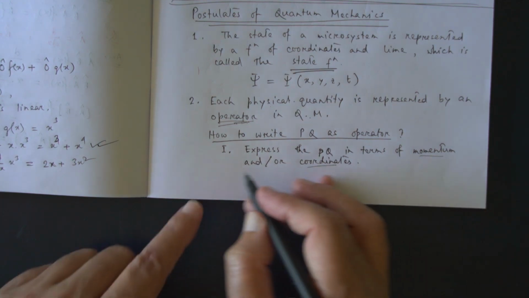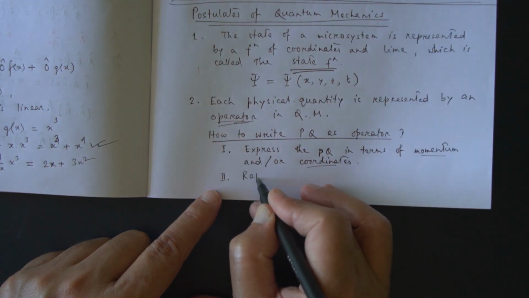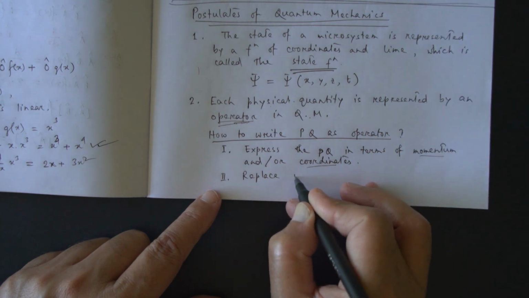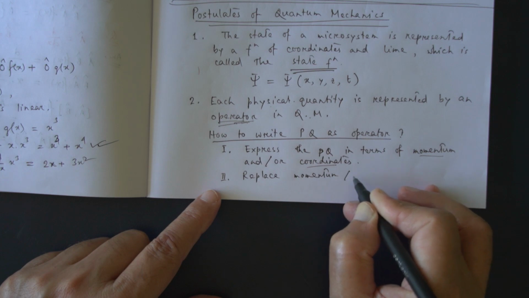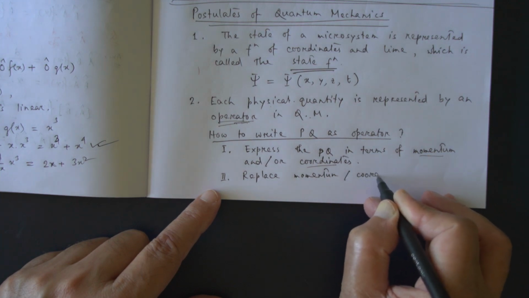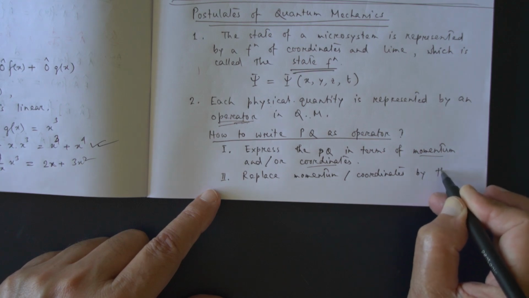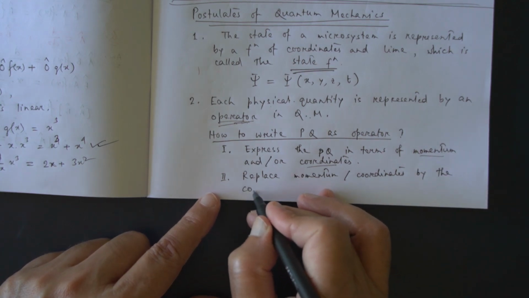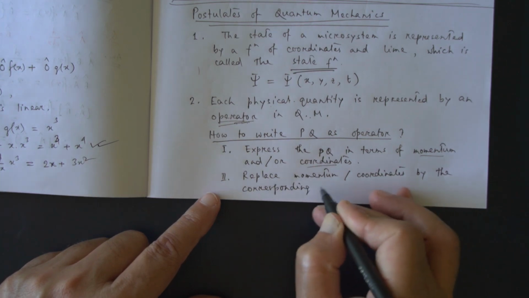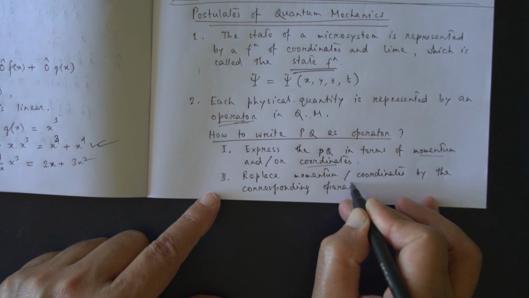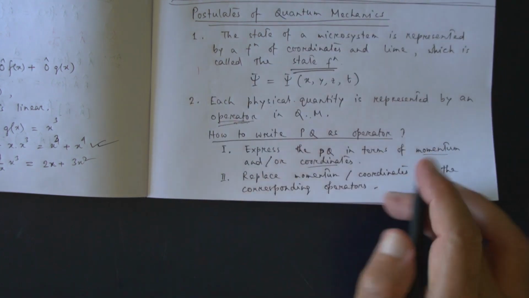And the second step is to replace momentum and coordinates by the corresponding operators. Let me explain this.